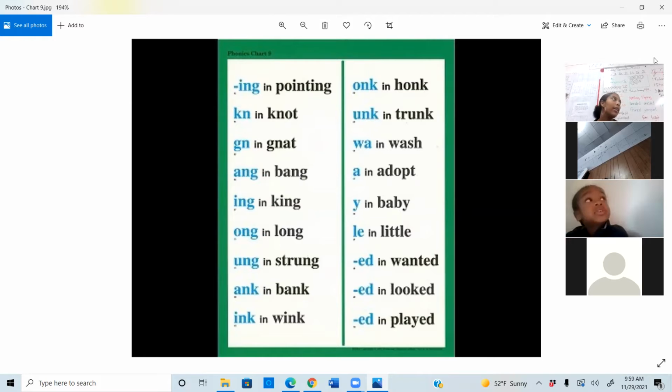Y says y, and baby. LE says l, and little. ED says add, and wanted. ED says d, and look. ED says t, and play. All right, so that's chart 9.